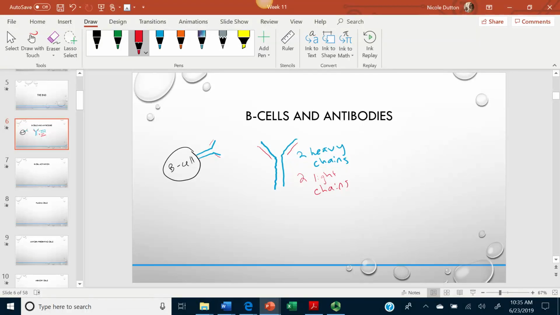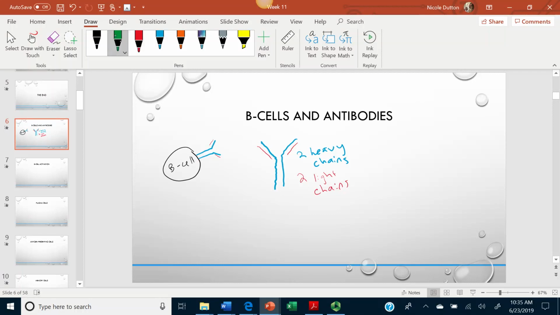This is the region that's randomly put together, and every single B cell has a different random assortment of variable region that can recognize a different pathogen as being foreign. Then you have the constant region at the bottom, which is able to stick into the B cell membrane.